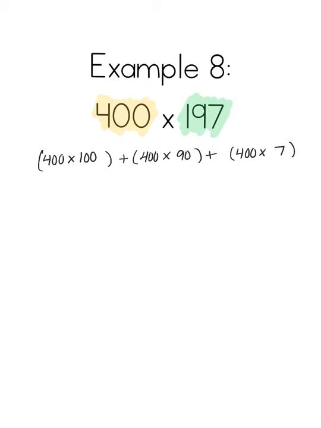400 times 100 is going to give me 40,000. 400 times 90 is going to give me 36,000. And 400 times 7 is going to give me 2,800. The last step in solving is to add all of those numbers together.